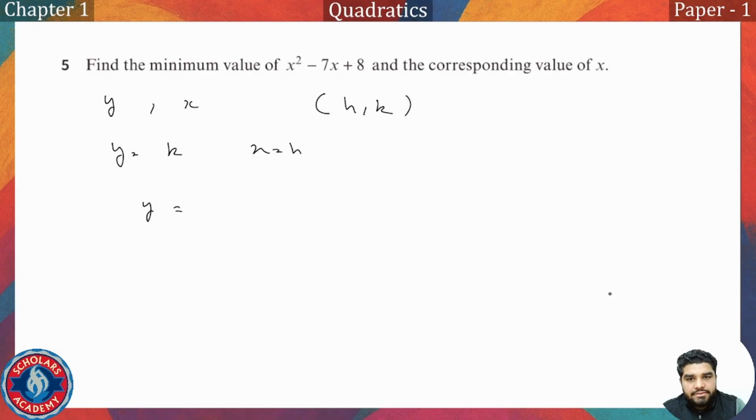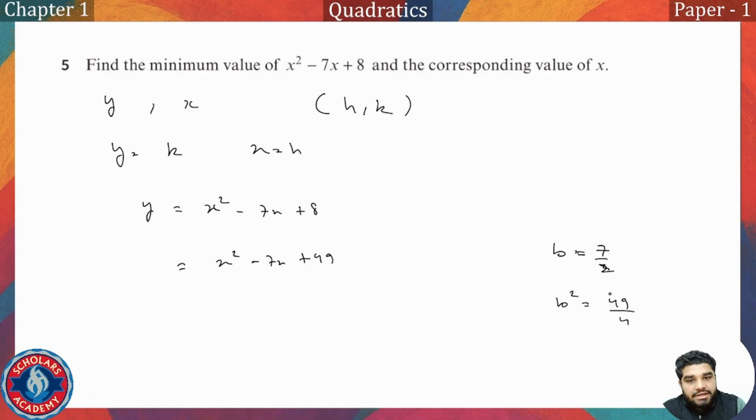So y is equal to x square minus 7x plus 8. So from here what we get is x square minus 7x, and this is 2b. So b is equal to 7 by 2. So if b is 7 by 2, b square is equal to 49 by 4.